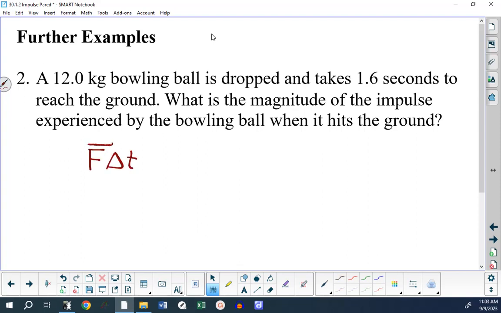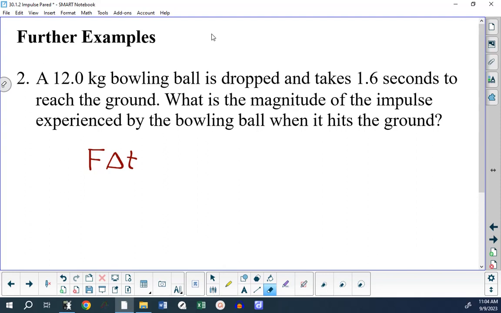And we're asked for the magnitude, so I suppose I don't really need to worry about the force. Now, I could just take the force times the time, but this is kind of tricky because it says, what is the impulse when the ball hits the ground and stops?